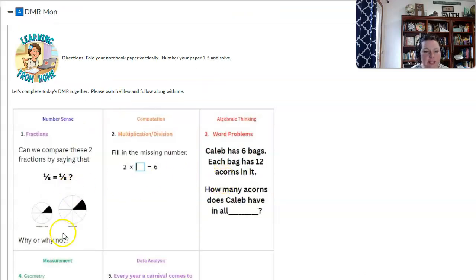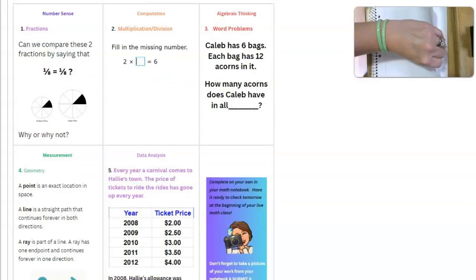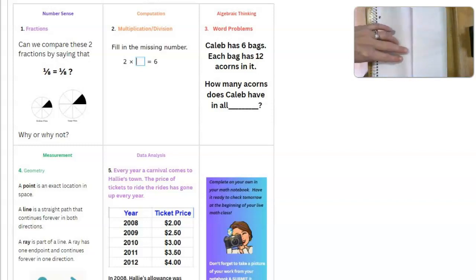So let's get started by getting out a sheet of paper and numbering it 1 through 5 to solve. Okay, so please try to keep your math DMR inside of a math notebook using paper if you can. That way you can check it the next day in our math small groups.